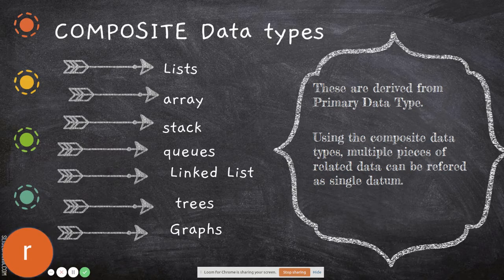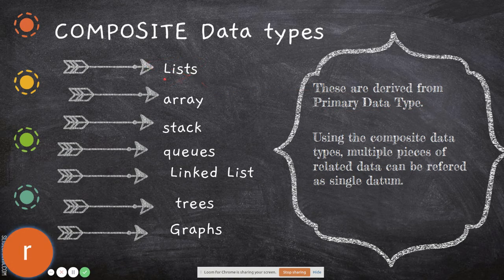So based on the primary data type, this array has been built. A group of an array of integers, an array of floating point, an array of strings, likewise we call. So these are derived from the primary data type.